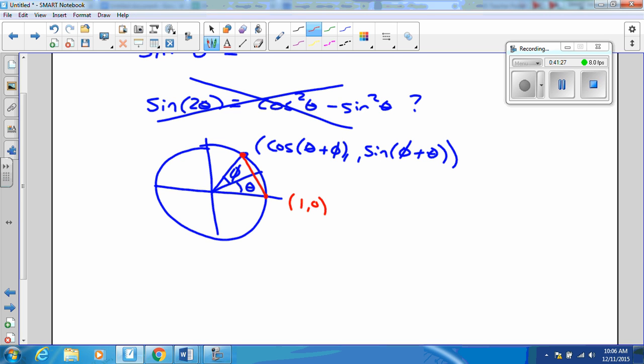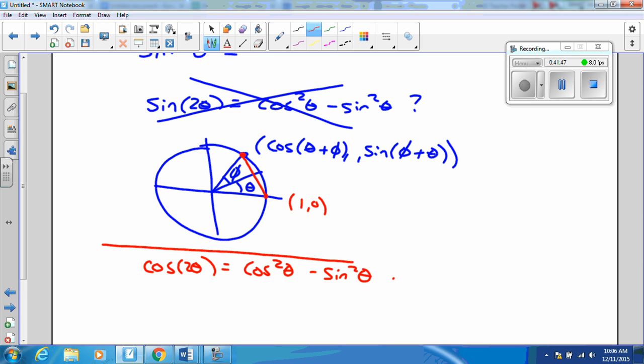If you start with cosine 2 theta, and then you get cosine squared theta as well, sine squared theta. So what is cosine 2 theta equal to? Cosine squared theta minus sine squared theta. Yes, it is. Obviously it can't be equal to sine 2 theta.